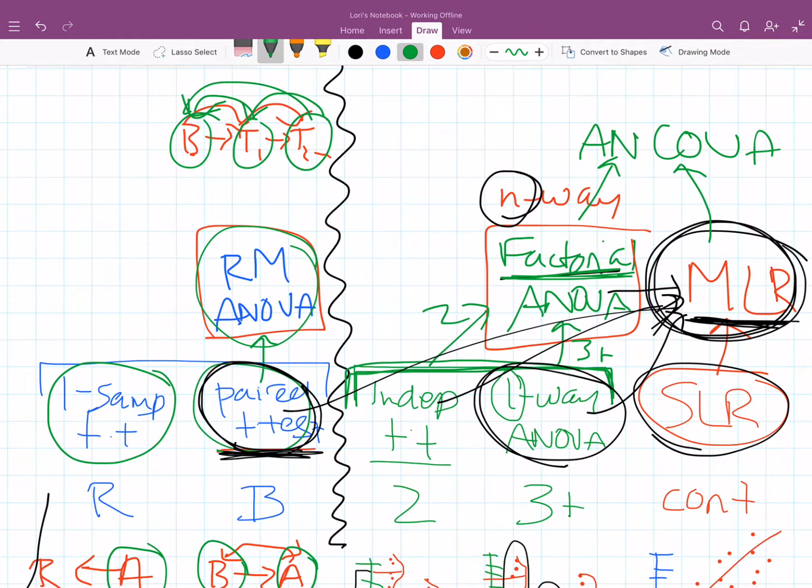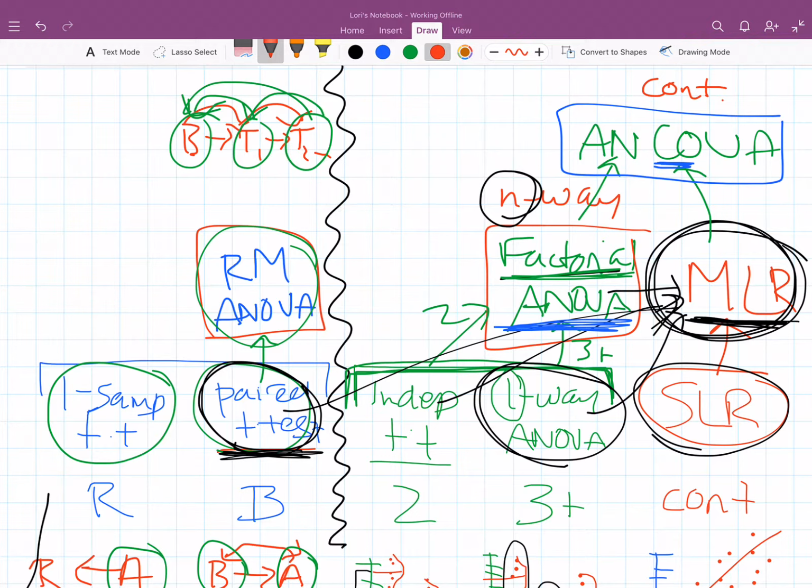And let me explain. With ANCOVA, you generally are doing some kind of an ANOVA that's like a factorial ANOVA, except that you have something called a covariate. And a covariate is a continuous variable.